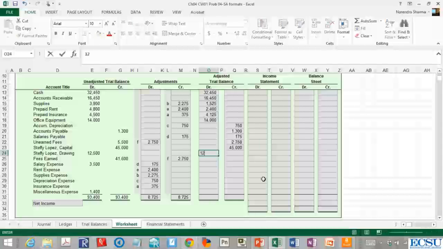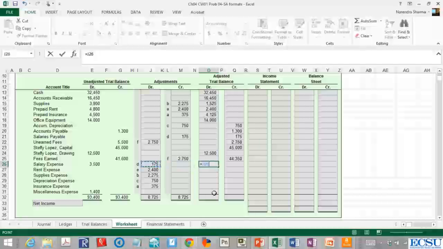Capital, no adjustments, 45,000. Drawings, no adjustment on the debit side, 12,500. Fees earned was a credit as well as a credit, so we'll have to add these two. This plus this one will give me 44,350. And this one is going to be no change.